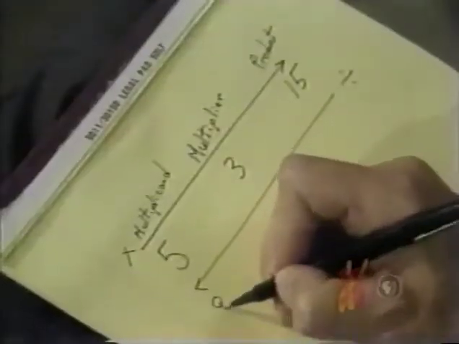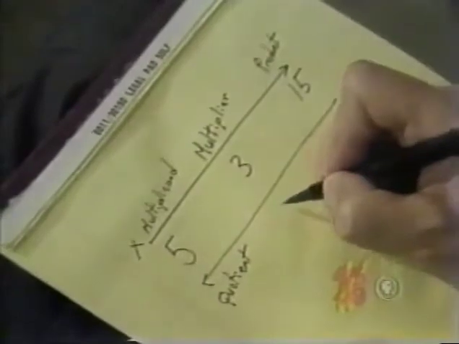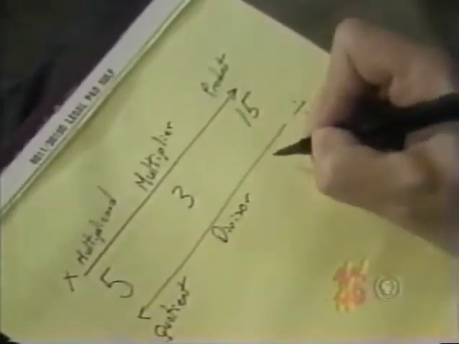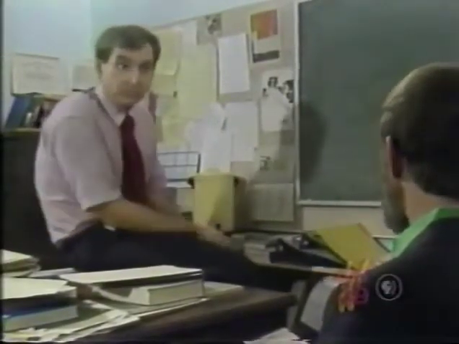And then I'll put in quotient and divisor and dividend for the division terms. And eventually, you can do the same thing with fractions. Show that the operations for whole numbers and fractions are the same. I've got it.